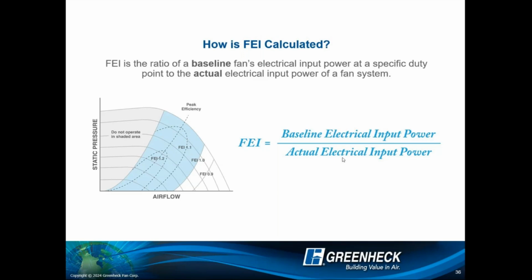And in the future, and this is actually already happening in Rhode Island, we actually get incentives for better FEIs. So if you get an FEI of like 1.4 on a fan, your client will get an incentive, a kickback for having a more efficient fan. So a lot of this stuff will roll out.